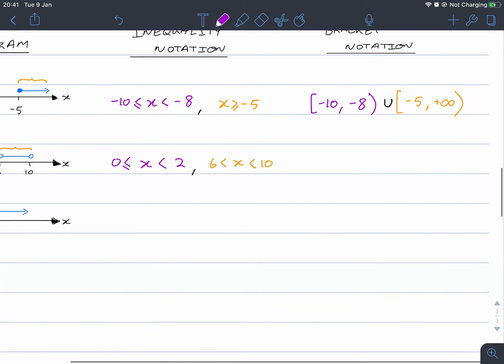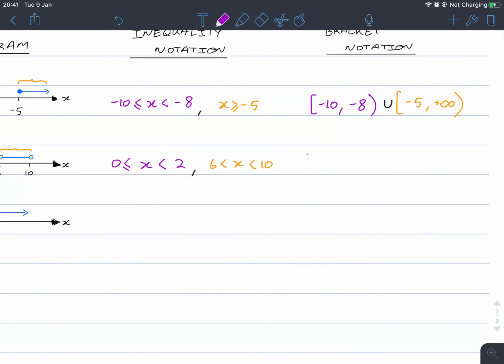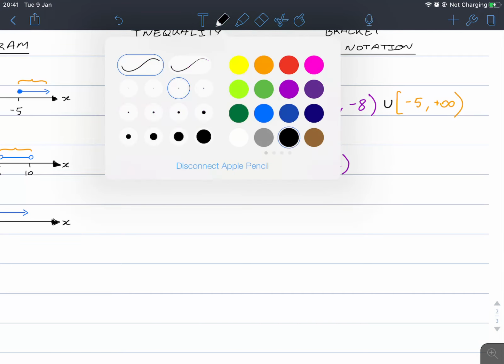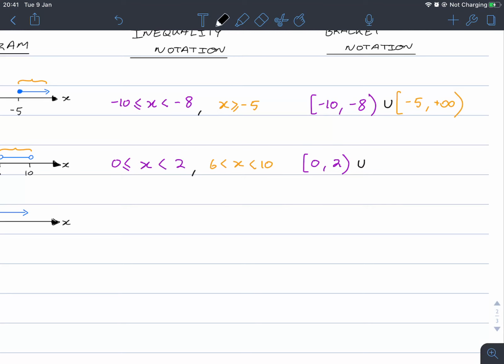Now doing this in bracket notation, this starts at 0 to 2 but not equal to 2. Union with this one, starting at 6 but not equal to 6, so we have an open bracket again, to 10, open bracket.